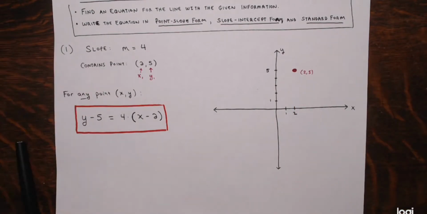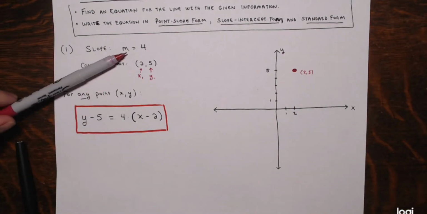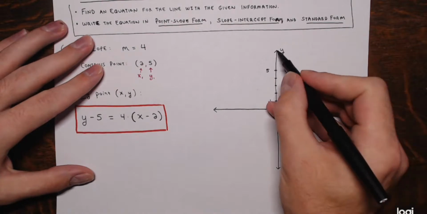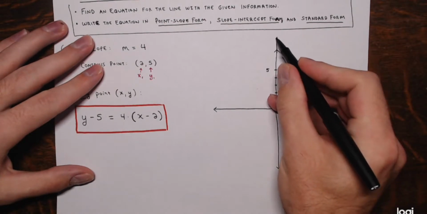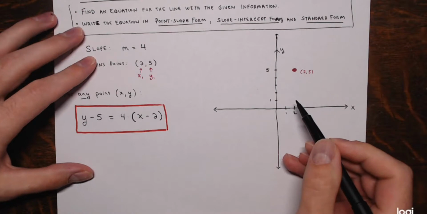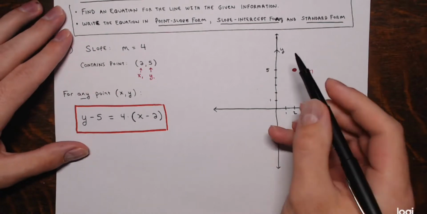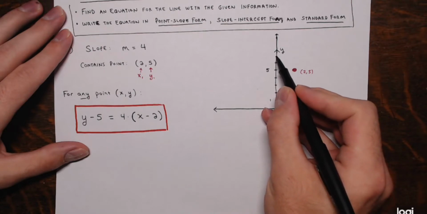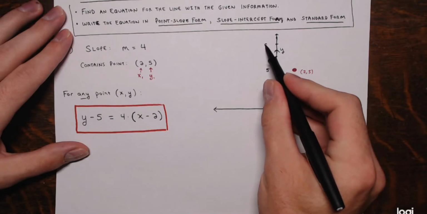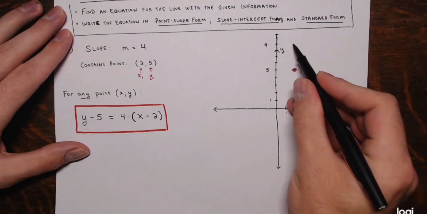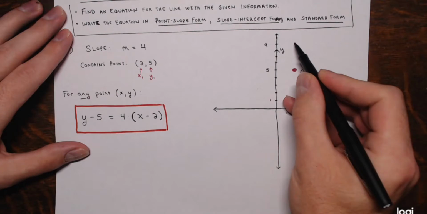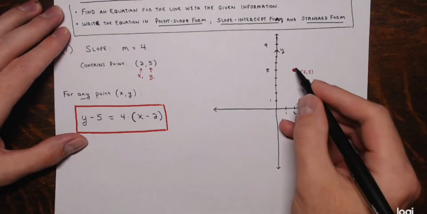All right, and then we're told that the slope is 4. So that means, between any two points, the vertical change divided by the horizontal change should be positive 4. So if I go up 4 units, 6, 7, 8, 9, I'd have to go to the right 1 to do 4 divided by 1. Remember, going up is a positive change.